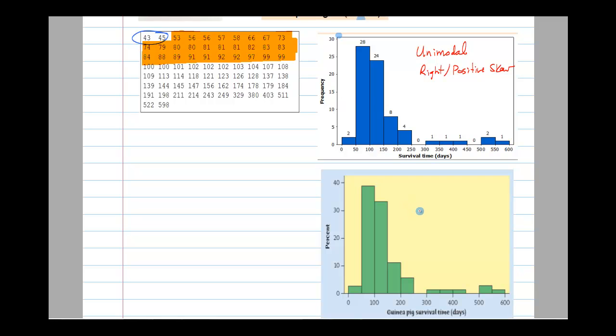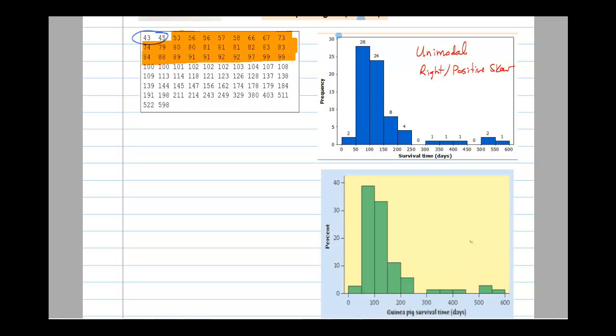The one on the bottom displays the relative frequency or the percentage of guinea pigs that survived a particular amount of time, and the histogram on the top displays the frequency or the actual count of the guinea pigs. And again, notice the shape is unimodal and right skewed for both of these graphs representing that data.